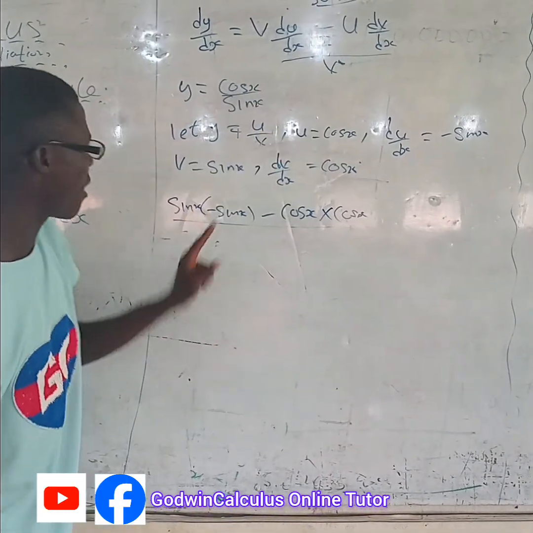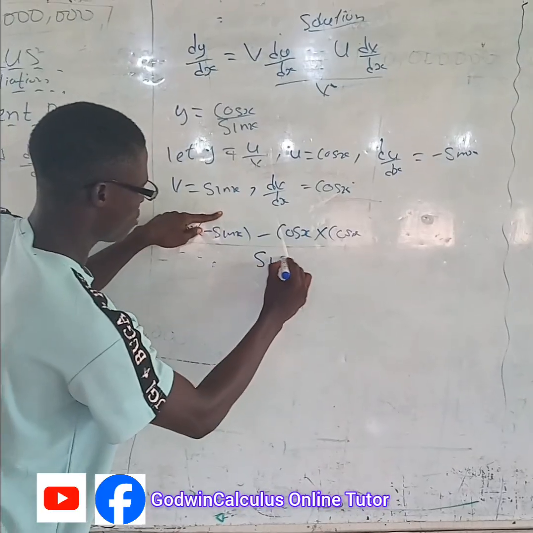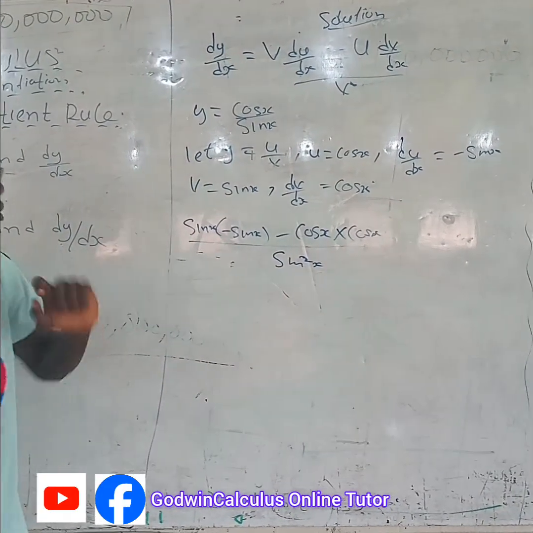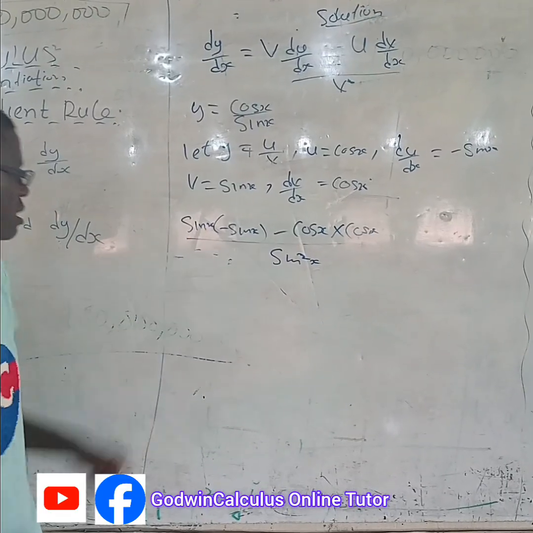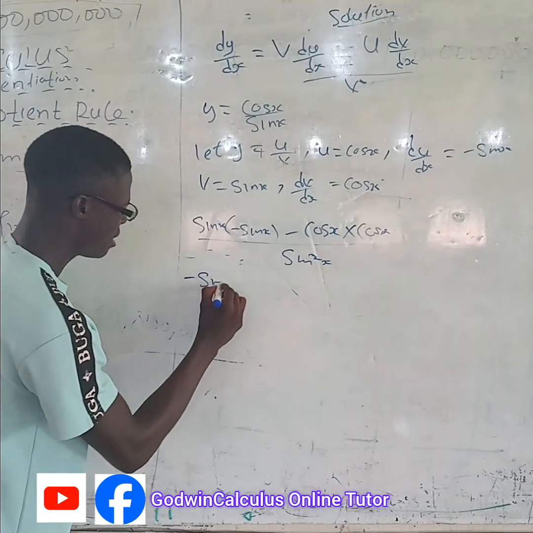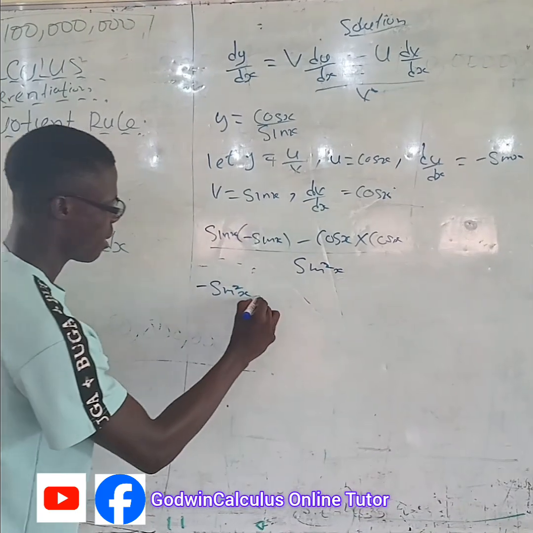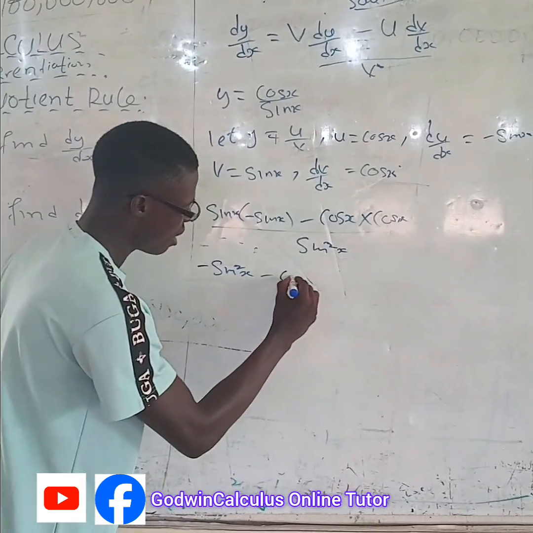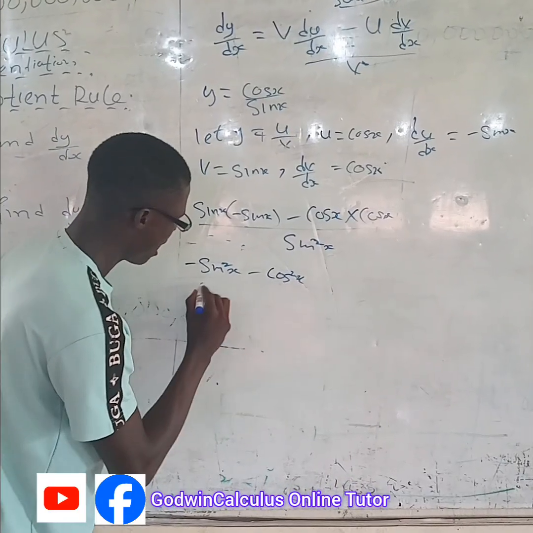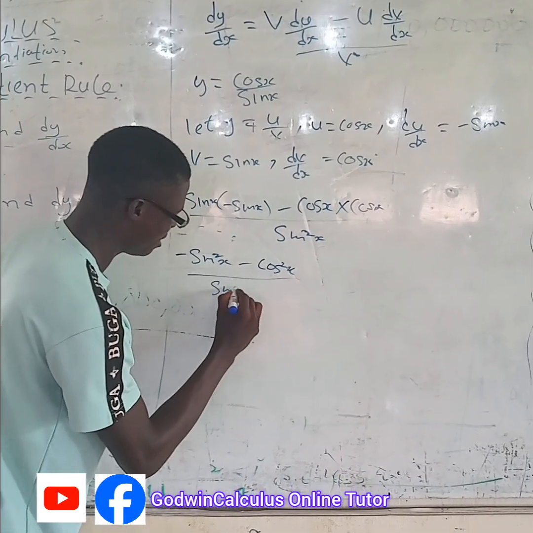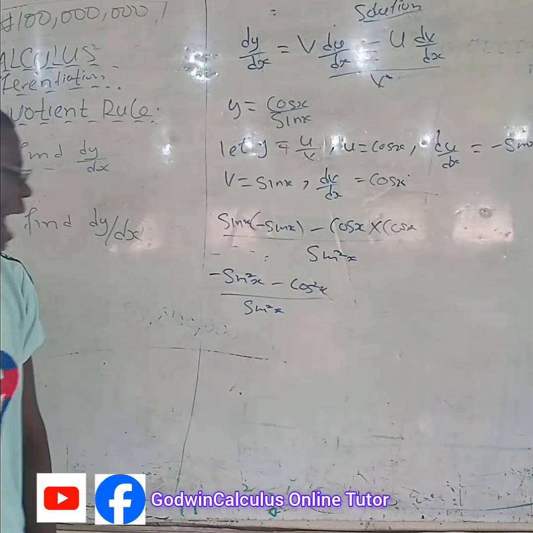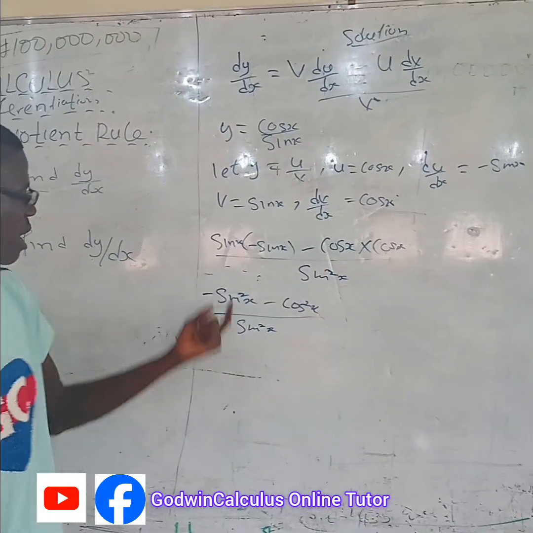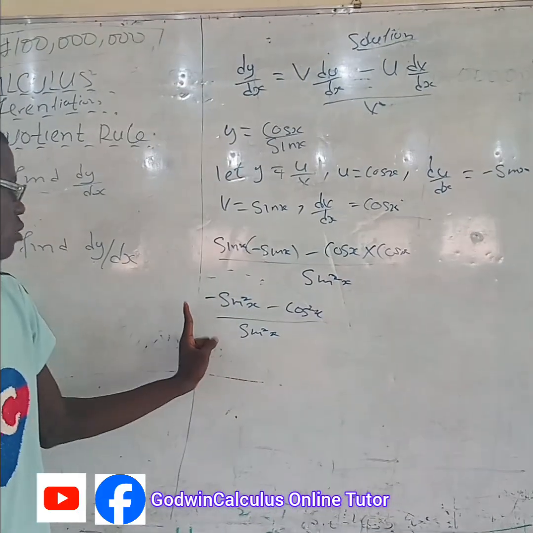And our v is sin x, so v squared is sin squared x. Now, we are going to multiply it together. Sin x times minus sin x will give us minus sin squared x. Minus cos x times cos x will give us cos squared x. Everything divided by sin squared x. According to the trig identities, minus sin squared x minus cos squared x will give us minus 1.